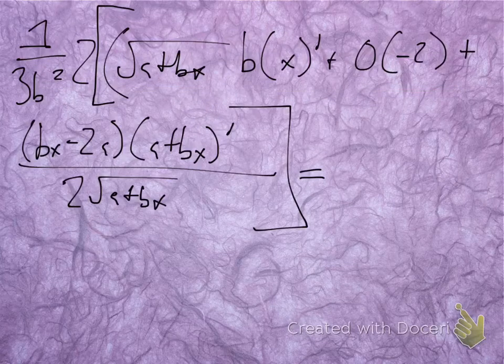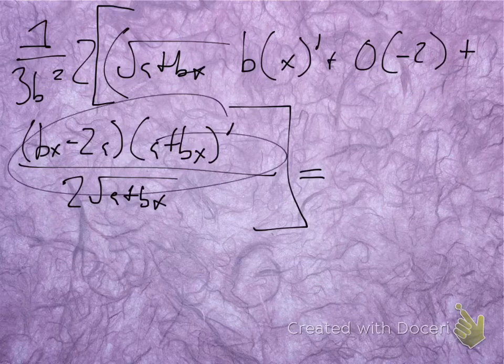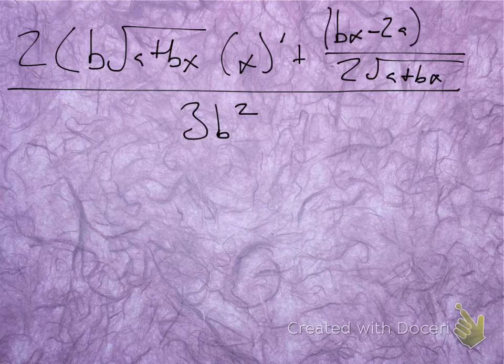On the bottom of that rational will be our 2 rad a plus bx. And on the top we should have our bx minus 2a times the derivative of a plus bx. Oh, yikes.